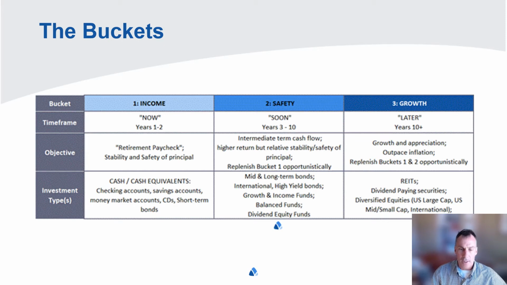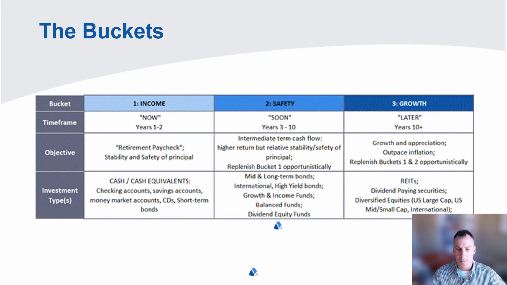The second bucket, beyond that, is for periods oftentimes 3 through 10 on this framework. Compared to the first bucket, you do want a little bit more growth. You want interest on this money beyond what you're getting out of your checking accounts or savings accounts or CDs. So you do need some growth, but again, your objective here is to have stability and safety of the money as well.